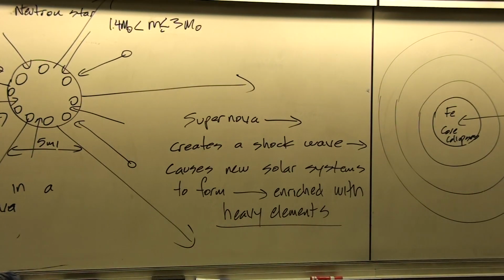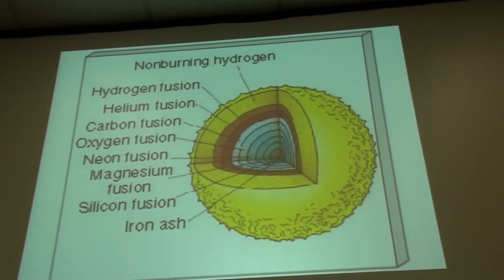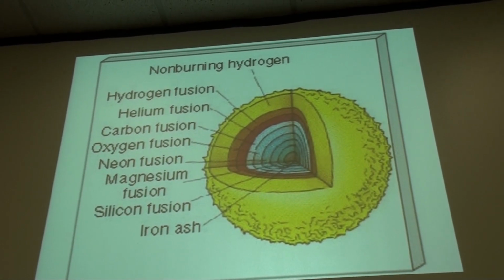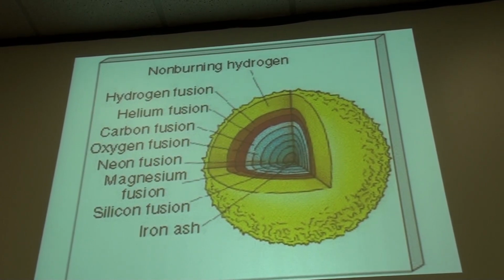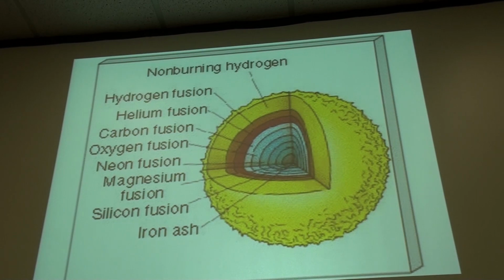And so if we look then at, okay, here again is just before the supernova, you can see a whole bunch of these different fusion reactions, basically a library of all of the previous fusion reactions that have occurred in concentric shells that surround the iron core.